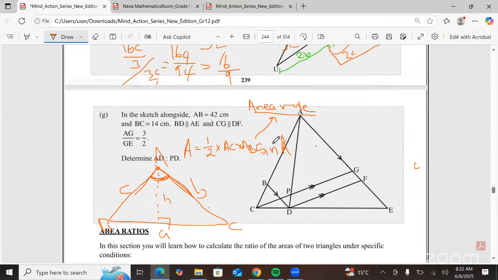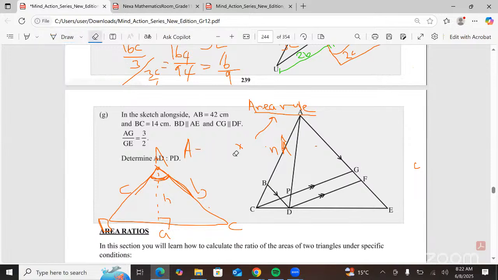Okay, so what I'm saying with this area rule is you are given a triangle ABC. Maybe they gave you the lengths AB, AC, BC, but they won't give you one side.